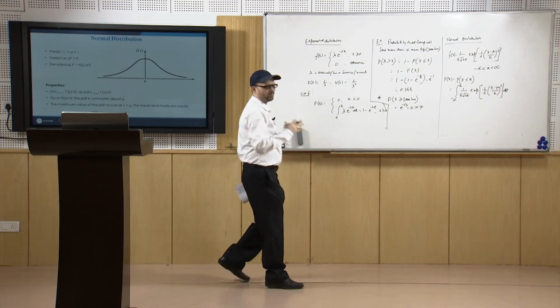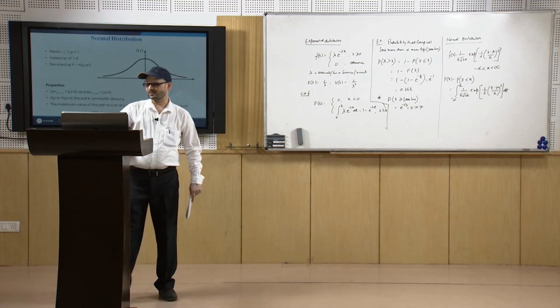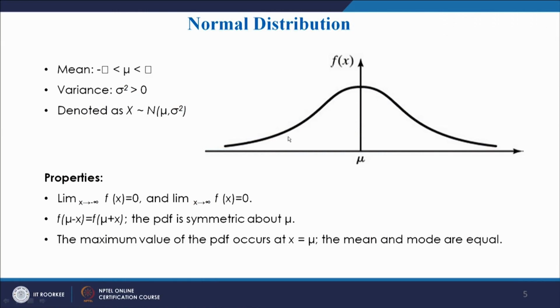If you look at this distribution and want to find the probability that the variable takes any value less than a given point, the area under this curve up to that point is basically the probability.